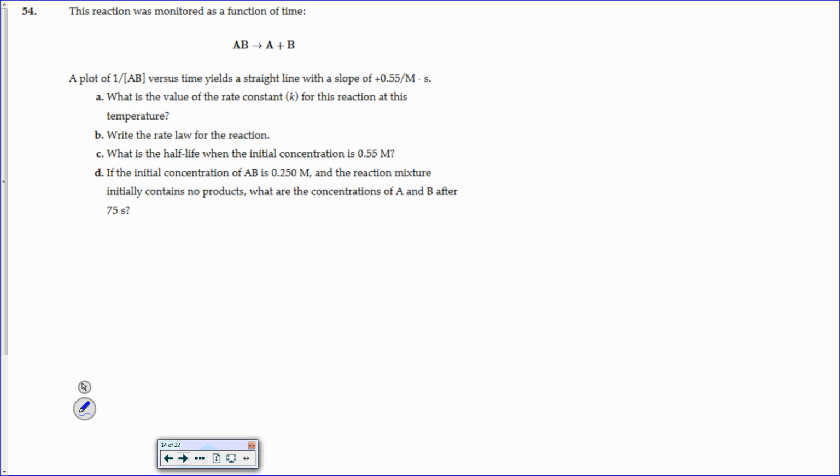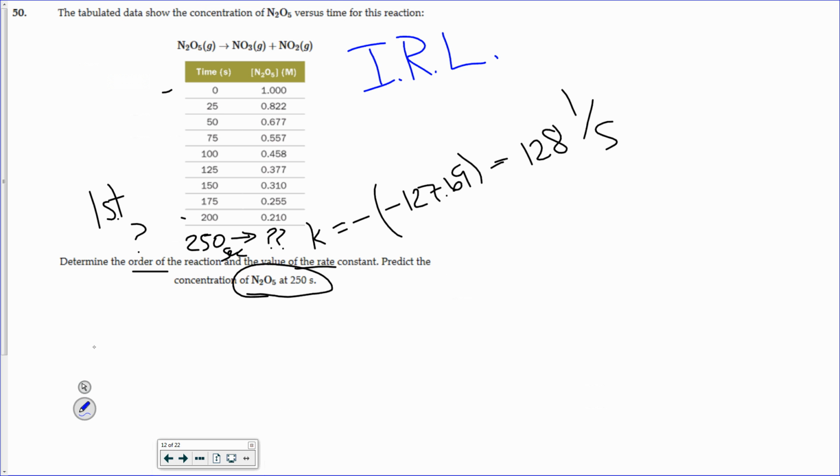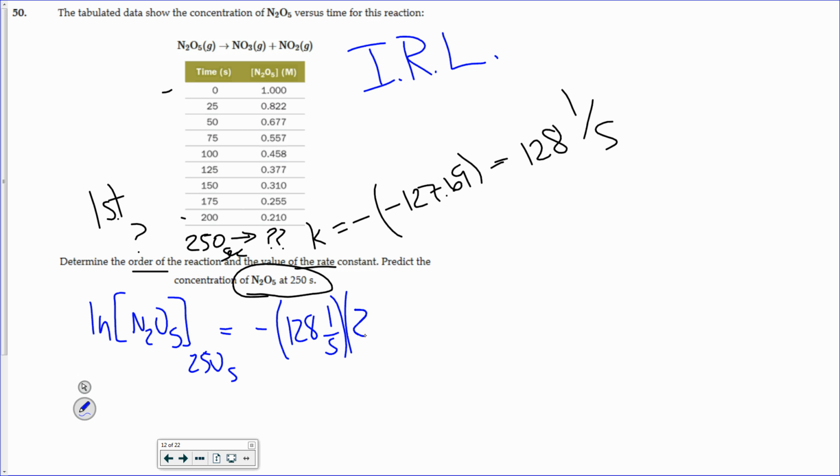So the natural log of the reactant concentration at 250 seconds is equal to negative 128 inverse seconds times the time, 250 seconds, plus the natural log of the initial concentration. In this case, it's 1.